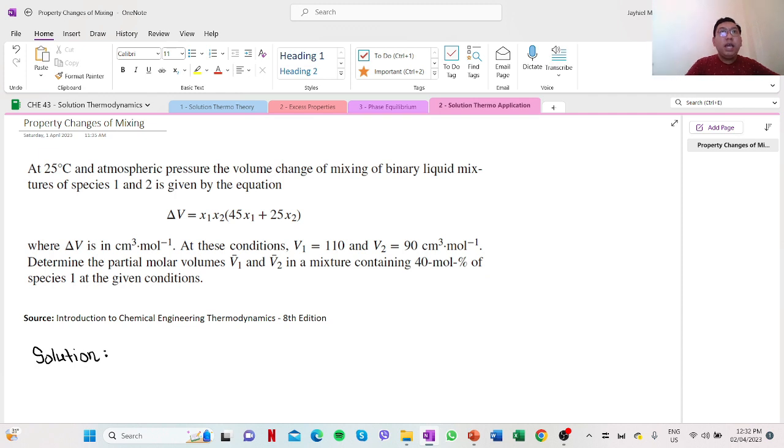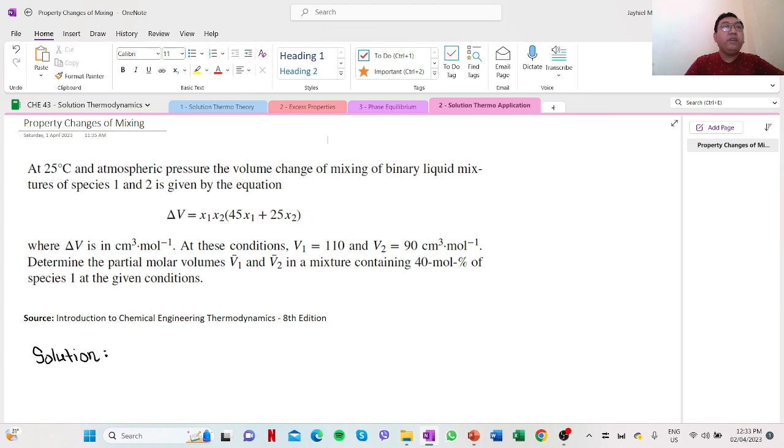In this case, we will just be covering a basic binary mixture, and the thermodynamic property under study is molar volume. Let me read the word problem first.